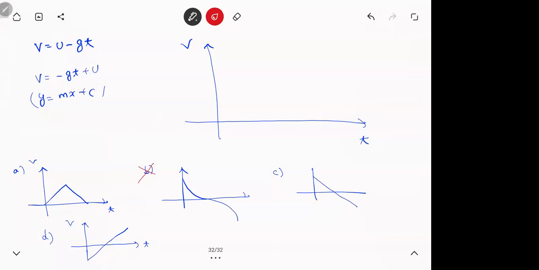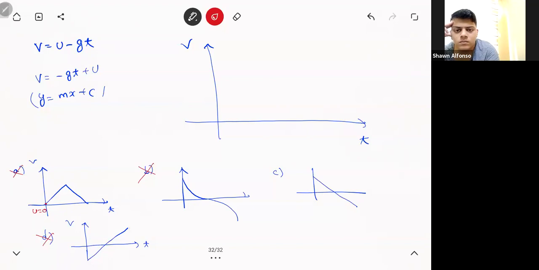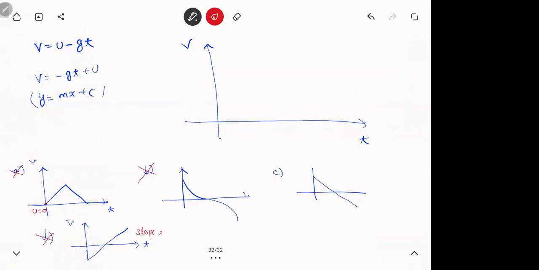Second thing, A is also gone. Why is A gone? Initially the speed was 0. C is okay. D, why is D gone? Slope is positive. So A is positive, no?